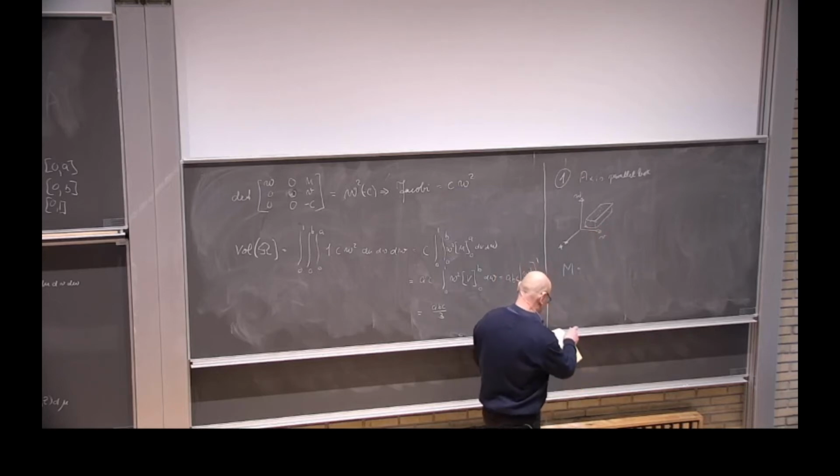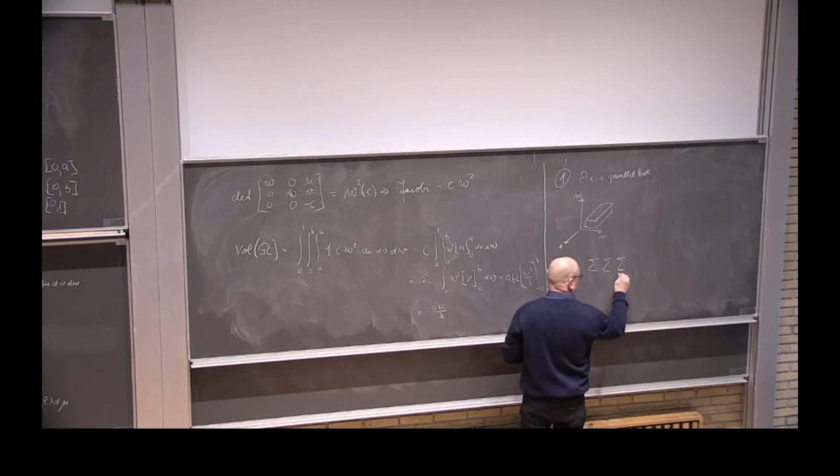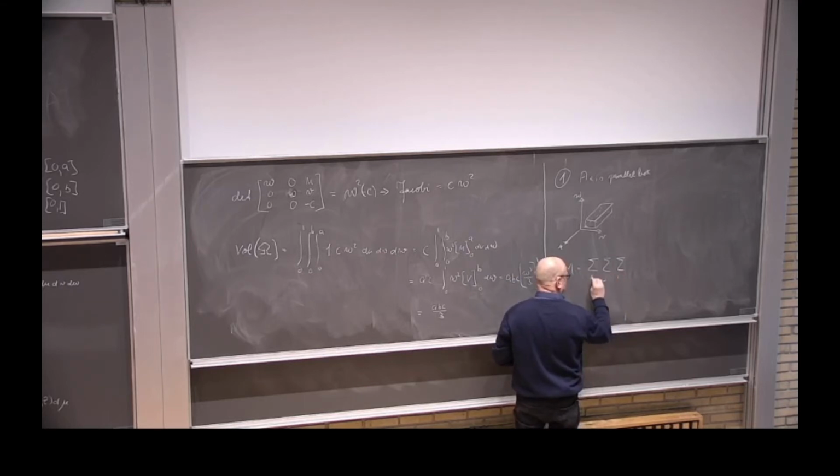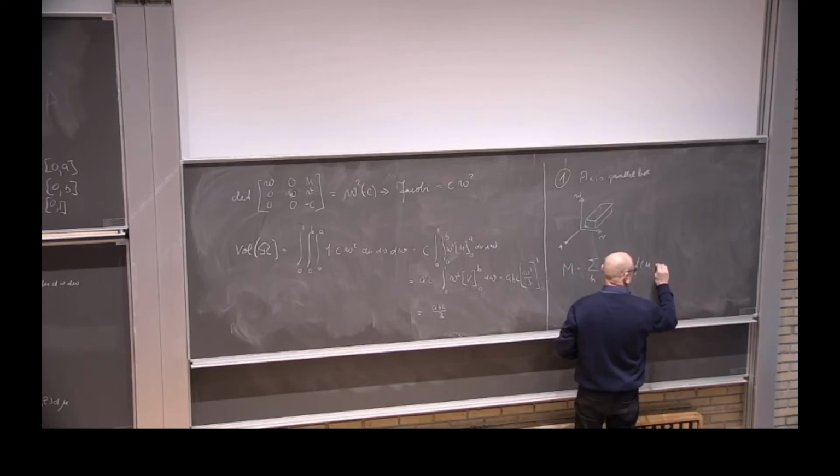So I just write down that I have partitioned this, and I have an index i, an index j, and an index k. And then I take the value ui, vj, and wk.